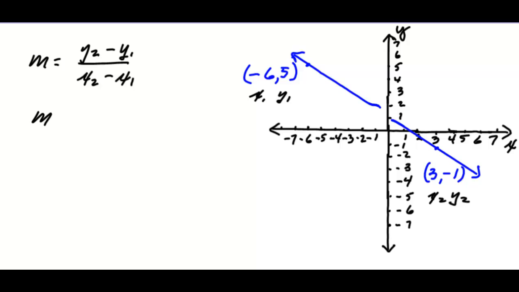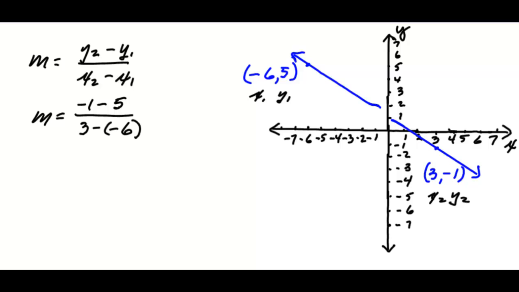My y2 happens to be -1 minus my y1, which happens to be 5. In the denominator, my x2 happens to be 3, and my x1 happens to be -6.